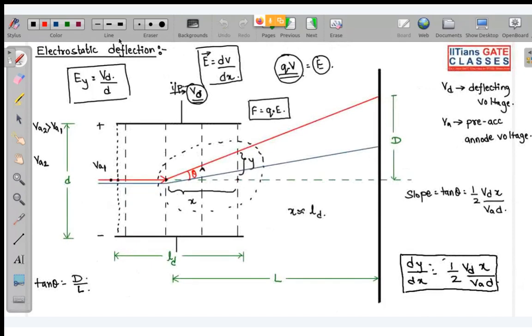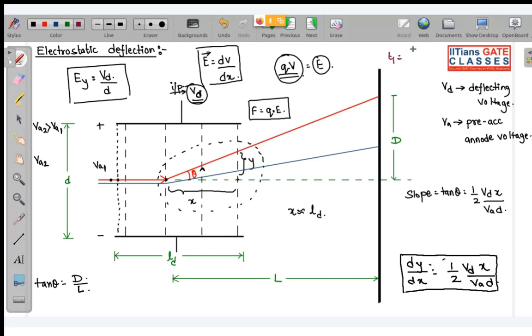Let us assume, let me denote it using T1.